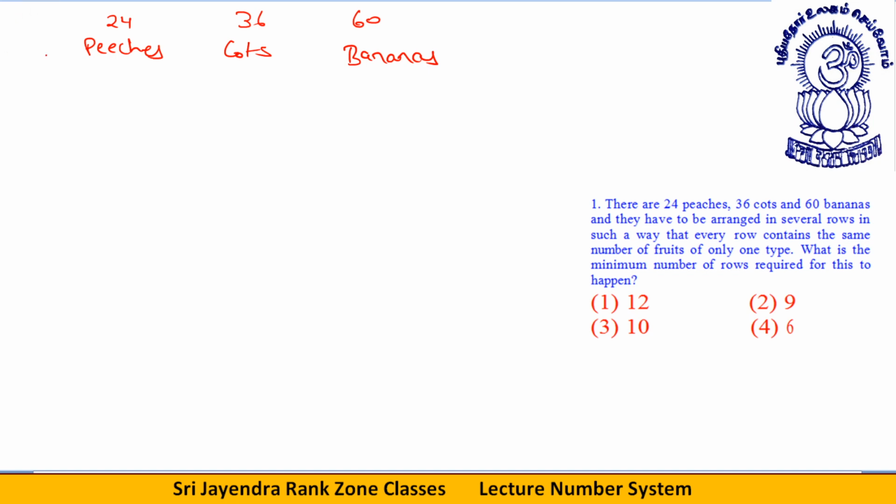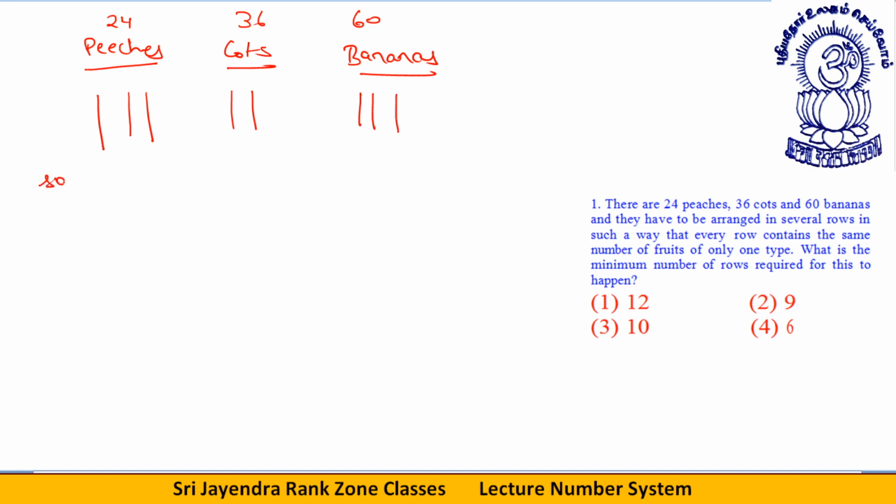Look, we have to make some rows out of peaches, some rows out of squash, some rows out of bananas. But each row must contain only one type of fruit, and all the rows have to be equal. All the rows have to be equal.